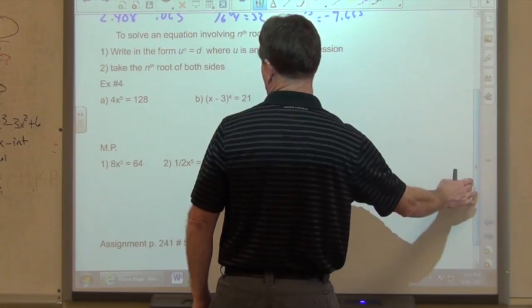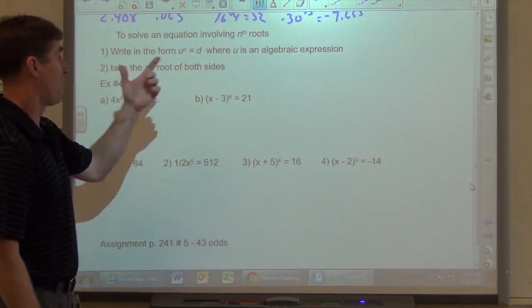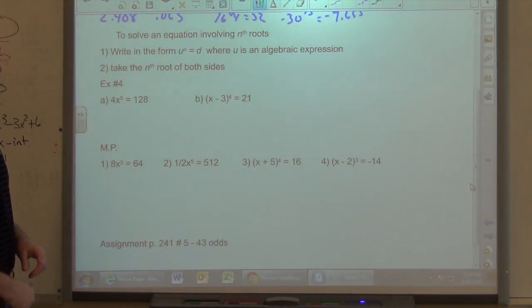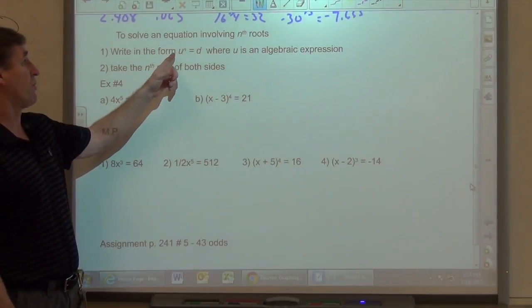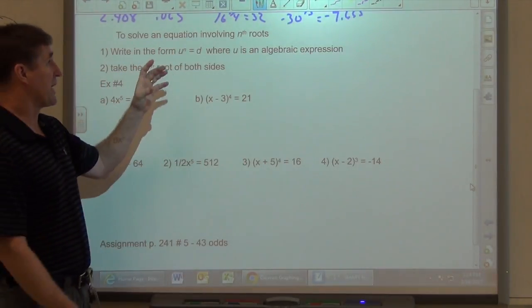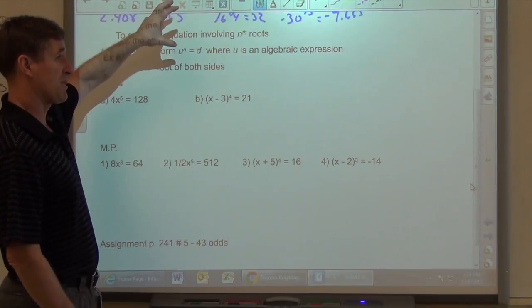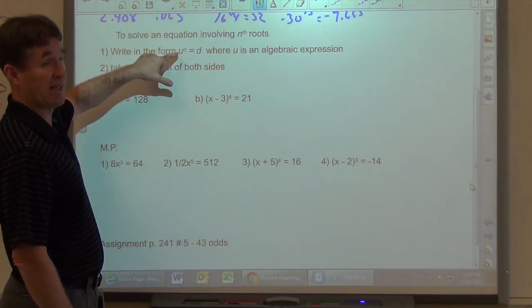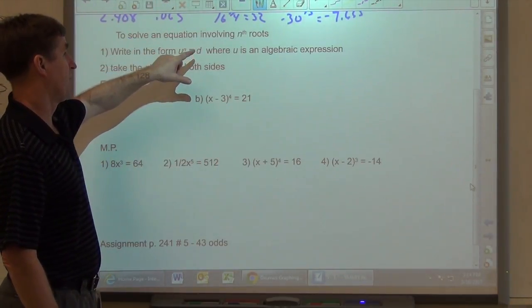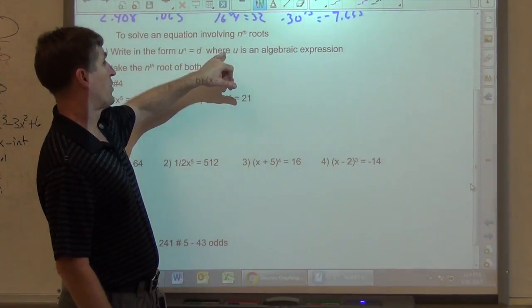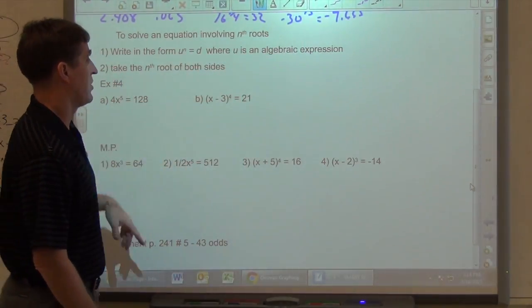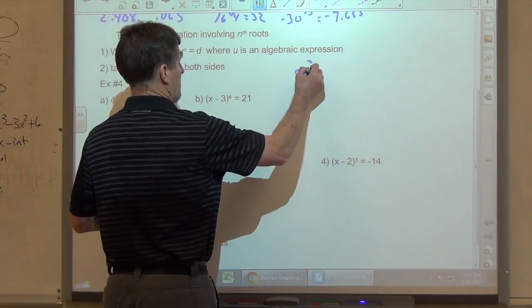Then the last thing we're going to do is solve equations involving radicals or nth roots. So the first thing you want to do is write in the form u to the n, where u is an algebraic expression, which means we're going to get whatever's to the exponent by itself first and isolate it.